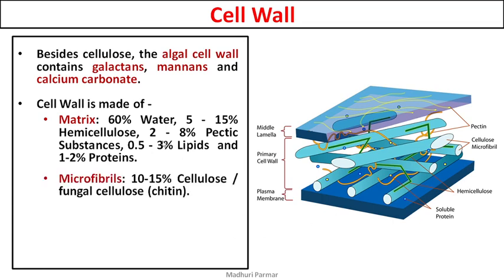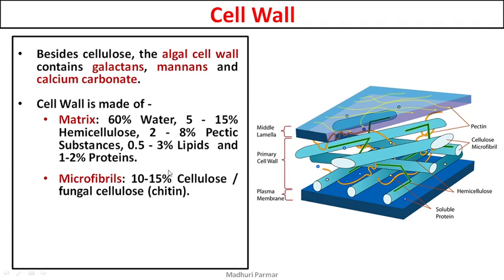cell wall. Then come the microfibrils, micro meaning small, and fibrils because they are fibers, but smaller fibers are called fibrils. Clear? So microfibrils are normally made up of cellulose. These blue colored cylinders that you see are your cellulose microfibrils. 10 to 15% of the wall is made up of either cellulose or fungal cellulose.